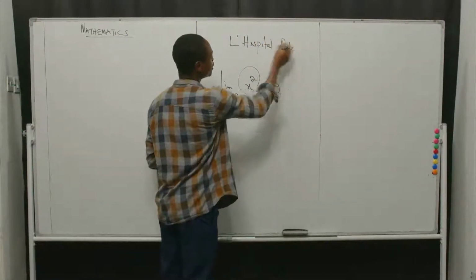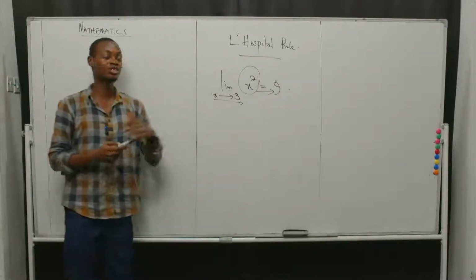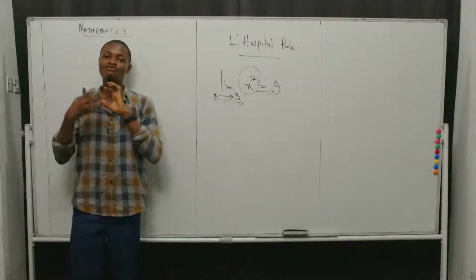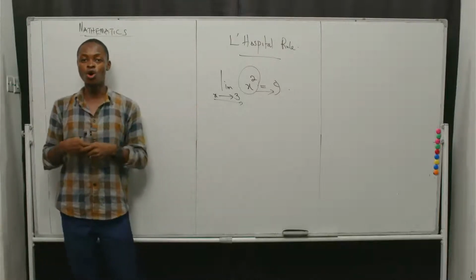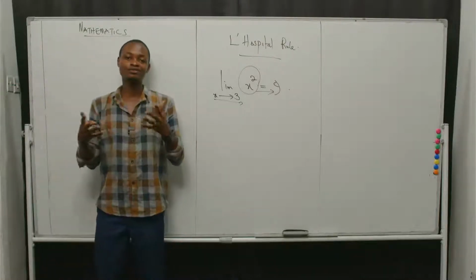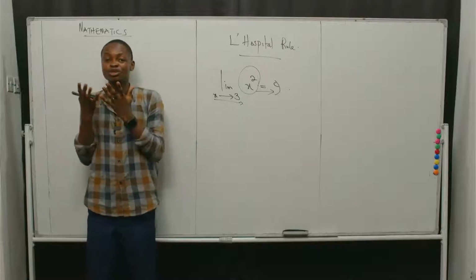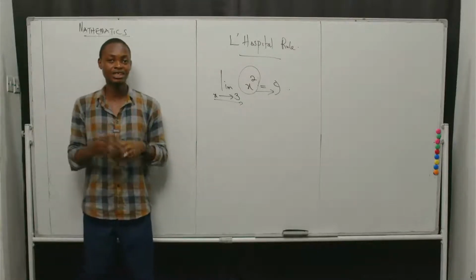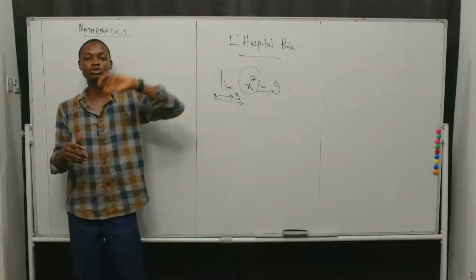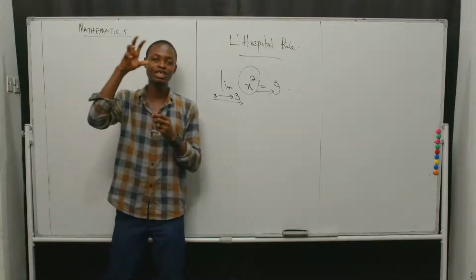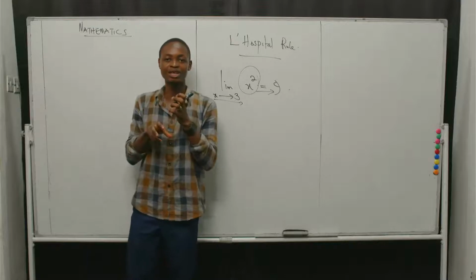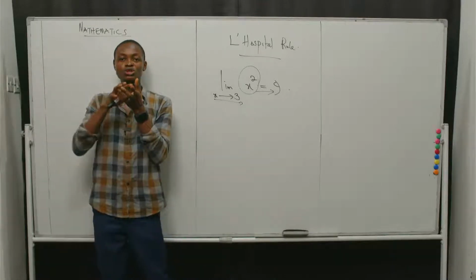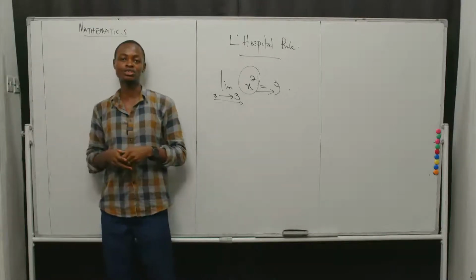For the L'Hopital rule, we talked about the fact that we could evaluate limits of fractions where the denominator is 0, or the numerator and denominator are both infinity. In that case, it becomes undefined. If that is the case, then L'Hopital rule tells you that you can take the numerator and the denominator separately and differentiate them, and then take the limit on the new result.